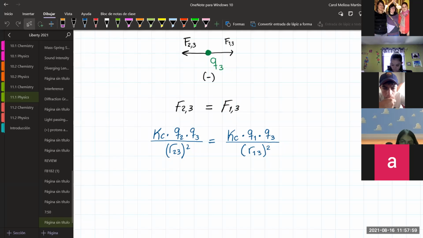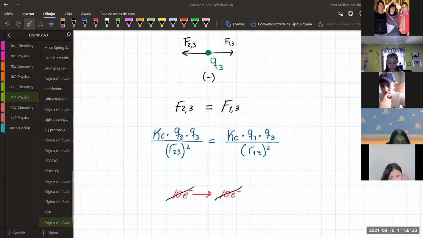Now, look at what we have, okay? We have this large equation, but we're going to reduce it. As you know, in chemistry, when you have 10 electrons in the reactants and 10 electrons in the product, they are cancelled.